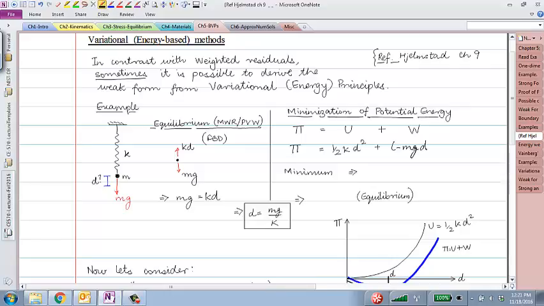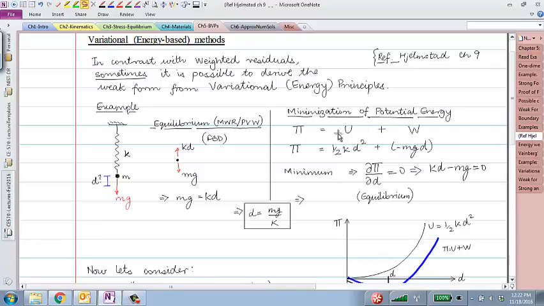mgd. And if I minimize this, so I will do partial of pi with respect to d equal to 0. That gives me immediately kd minus mg equal to 0. Note that this is the equilibrium equation.